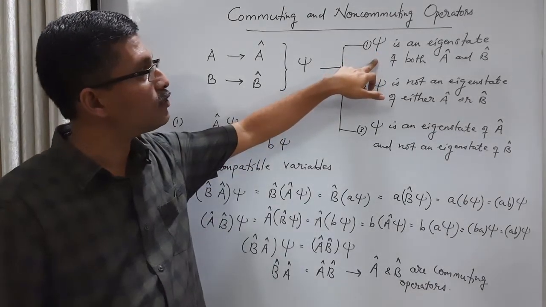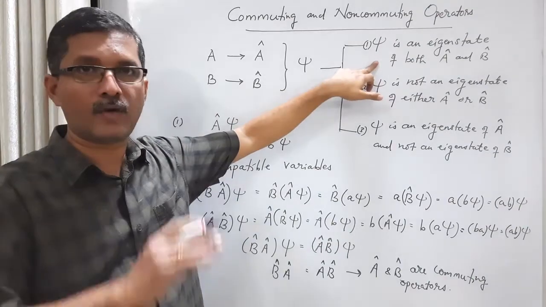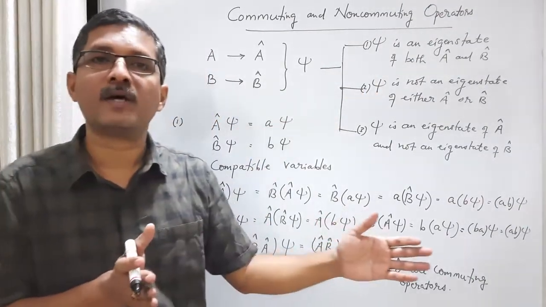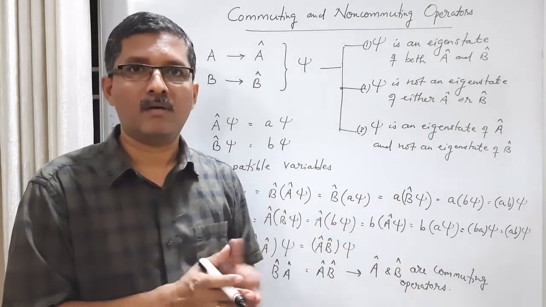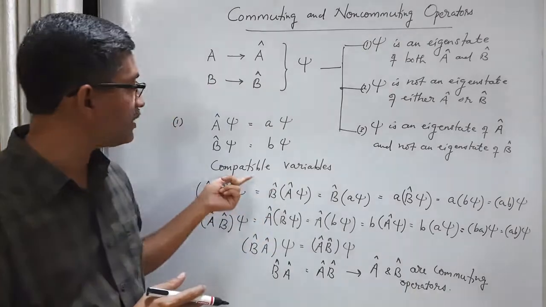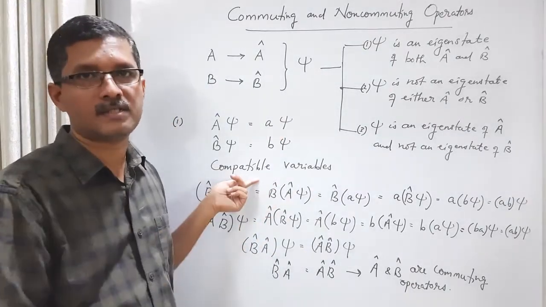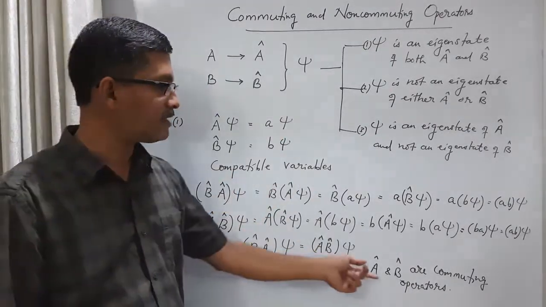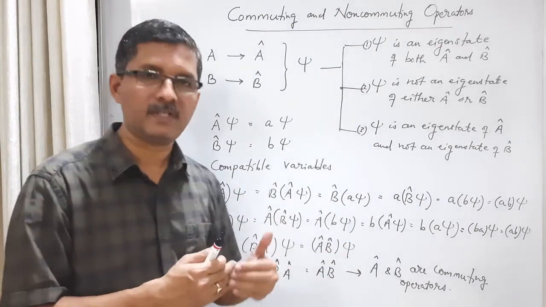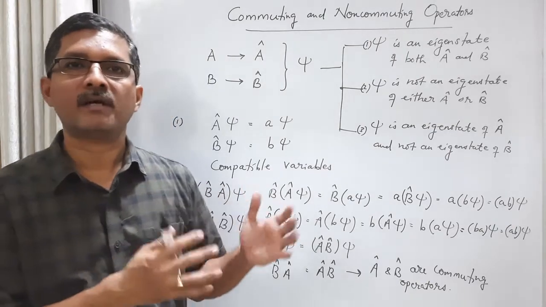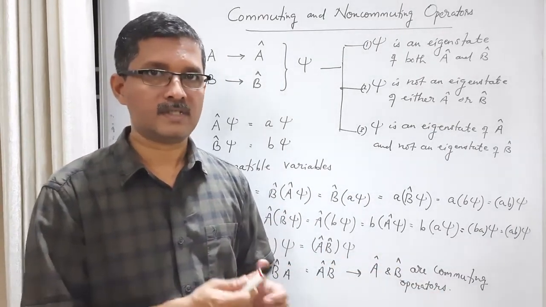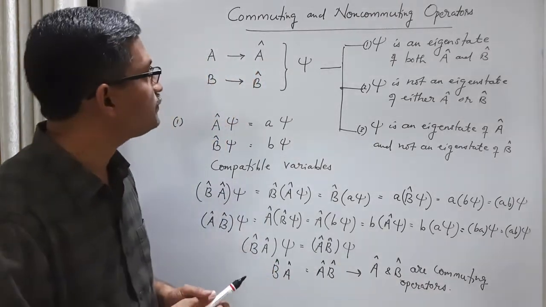If a complete set of eigenstates of a system are common for these two operators A and B, it means that they are compatible variables for this complete set of eigenstates. In such a case we can say that A and B are commuting operators. That means the order in which we measure A and B in any general state of the system will lead to the same result. That is the idea of commuting operators.